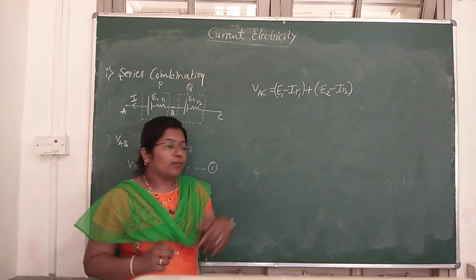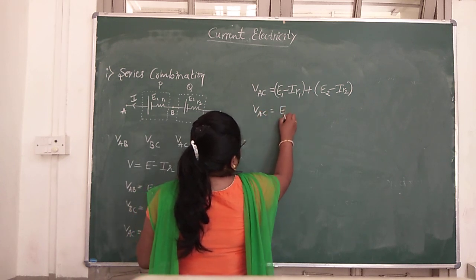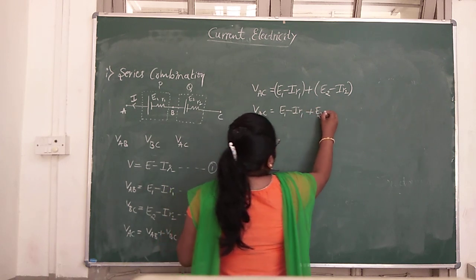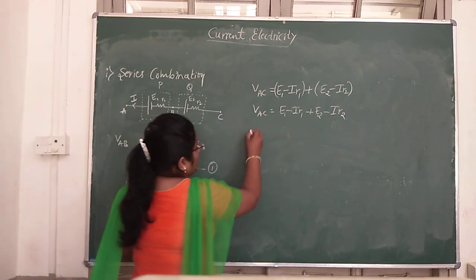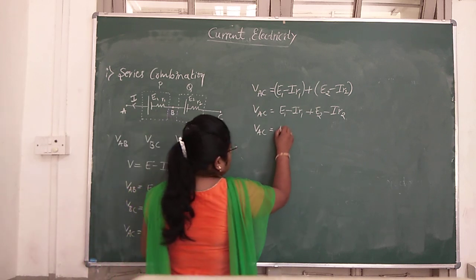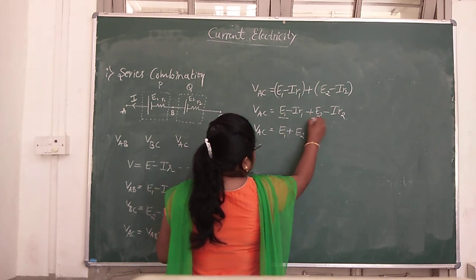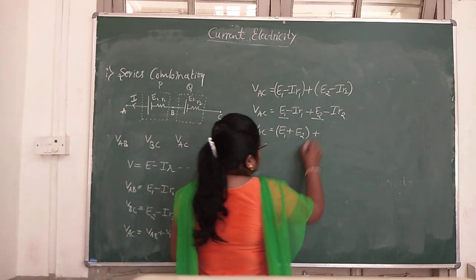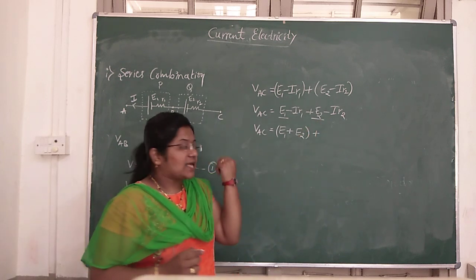Now just open the bracket and rearrange the terms. What we have: E1 minus I R1 plus E2 minus I R2. Now see how I am going to adjust the terms. E1 plus E2, these two terms, E1 plus E2. Next, what are we remaining with? We are remaining with I R1 and I R2. Take minus I common.